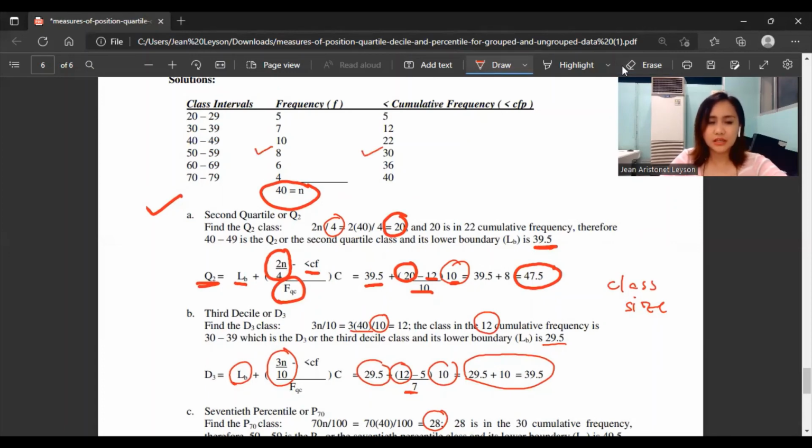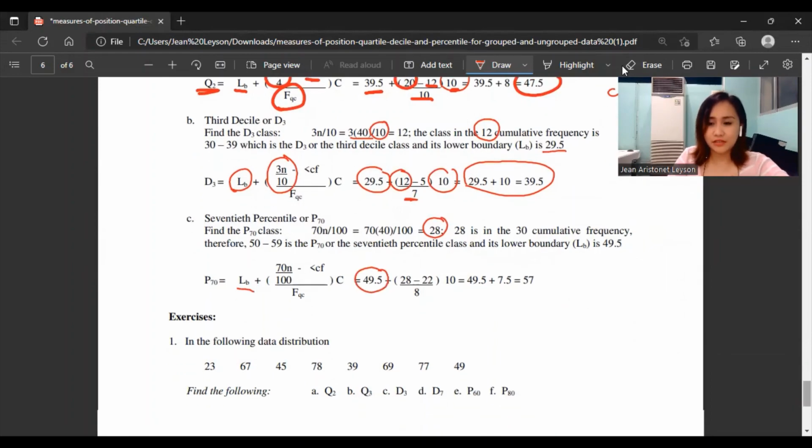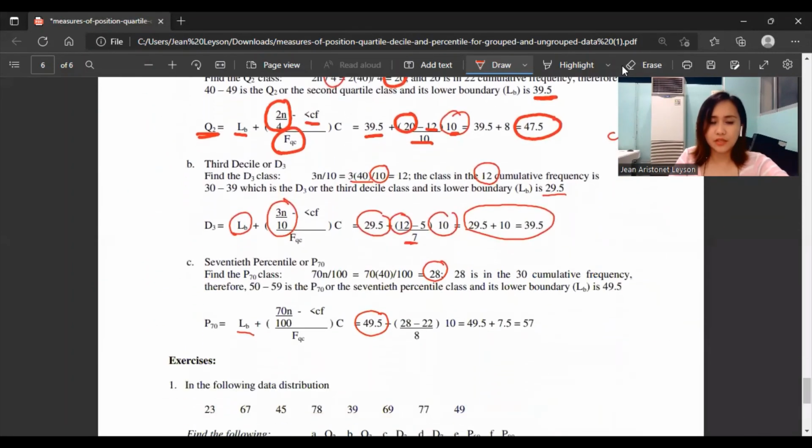Frequency is 8. Class interval is 50 to 59, meaning our lower boundary is 49.5. For the lower boundary, always subtract 0.5 from the lower limit. Then this one right here, we already know the answer since we used that to get the quantile class. That's 28.